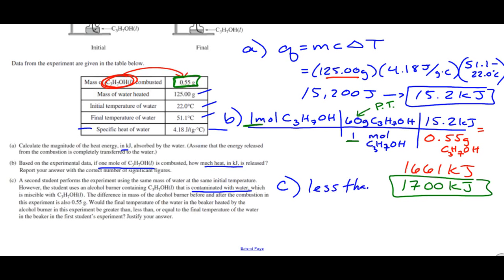It should be less than because I have less of my C3H7OH that was actually burned. And that energy, when burning that, the combustion, would not transfer into my water. So even though it had the same mass change, some of that mass change was water vaporizing, which does not give off the heat that C3H7OH would.